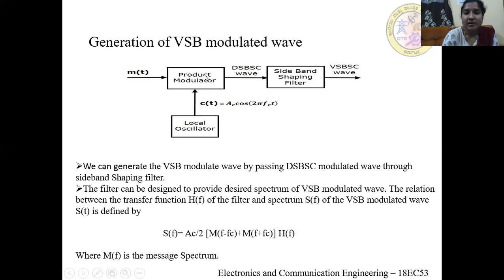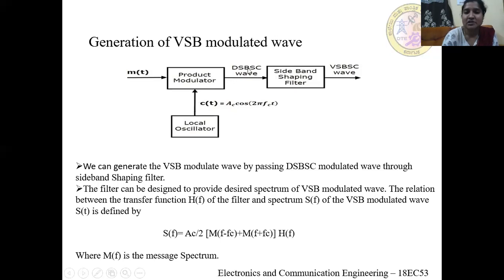The inputs for the product modulator are m(t) and c(t). m(t) is the message signal, c(t) is a locally generated carrier signal. And at the output of the product modulator, you will get the DSB-SC wave, that is the double sideband suppressed carrier wave.